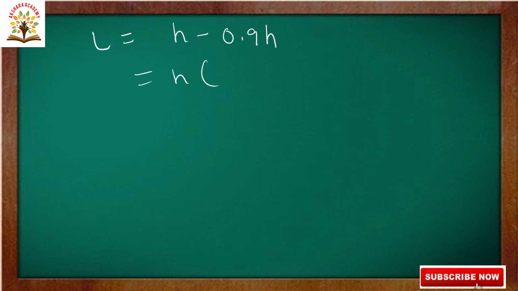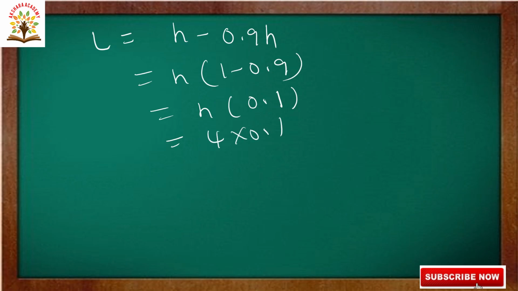Taking h common, h of 1 minus 0.9 becomes 0.1 h. Since h is given as 4, L is equal to 0.1 into 4, which is 0.4 meters. So the length of the rope L is 0.4 meters.